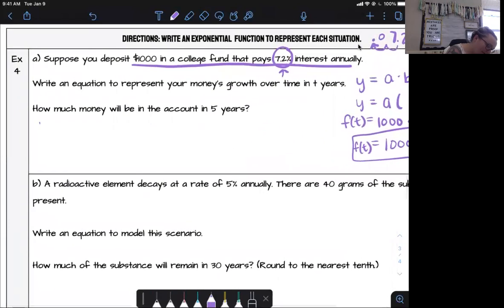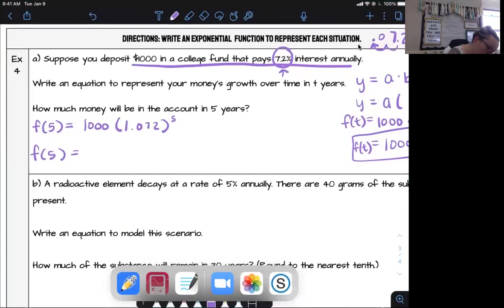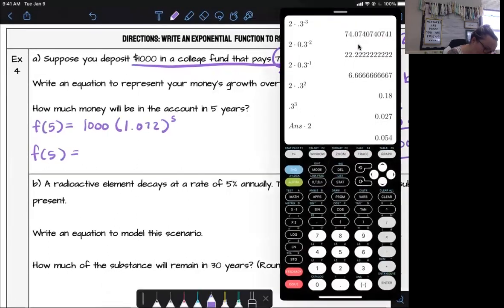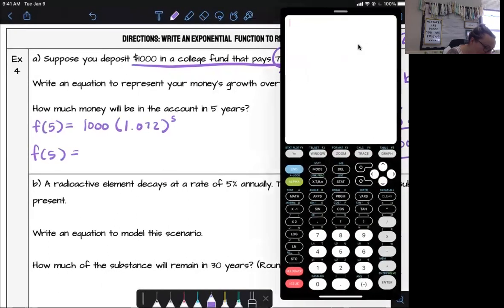We're going to find f of 5 is equal to 1,000 times 1.072 to the 5th power. So you're going to take your calculator. What I recommend you do is take 1.072 to the 5th power first, and then multiply that by 1,000.